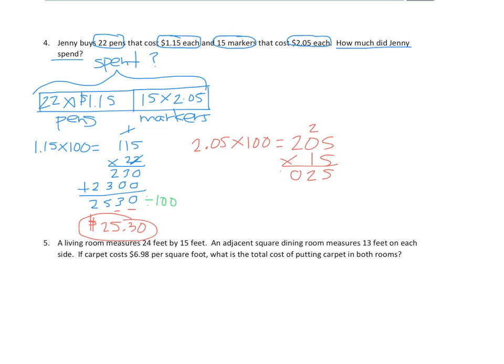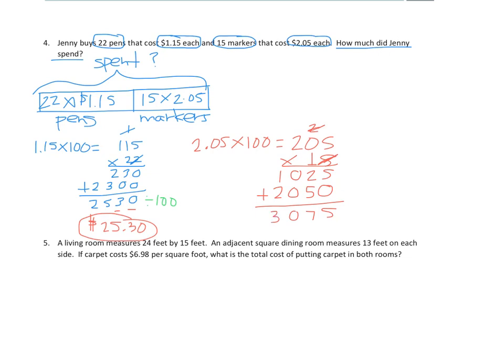Bring down your 0 and then the 1. Then multiplying by the 1s in 15. 0 placeholder. And I love when we always have a 1 in any of our numbers to multiply because that's going to be super easy. So we got 5, 0, 2. Add those together, 2, 7, 0, 3.